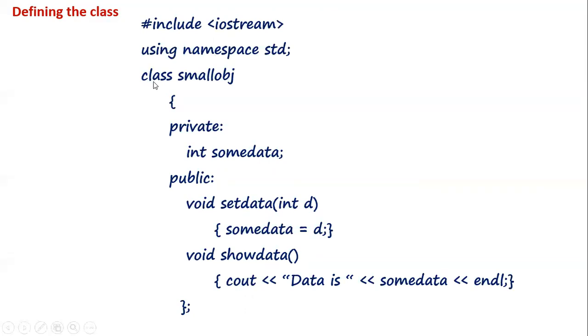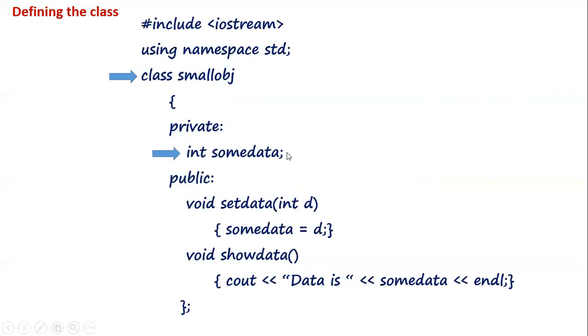First we use the keyword class, then we name the class. Any name you can use; here small obj is the name given to the class. Then we open the braces, as you do in a main program or when you define a structure.